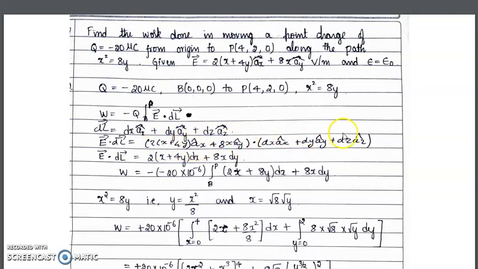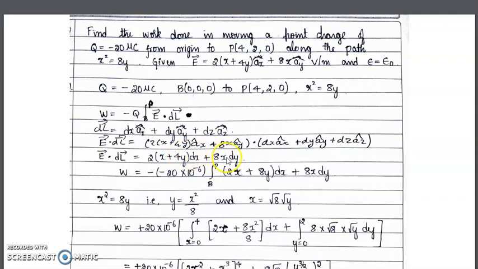Whatever az dot ax cap is 0 and az cap dot ay cap is 0, so you will get x and y terms. But if you observe these equations, in the first the differential term is dx, but a y term is also present.